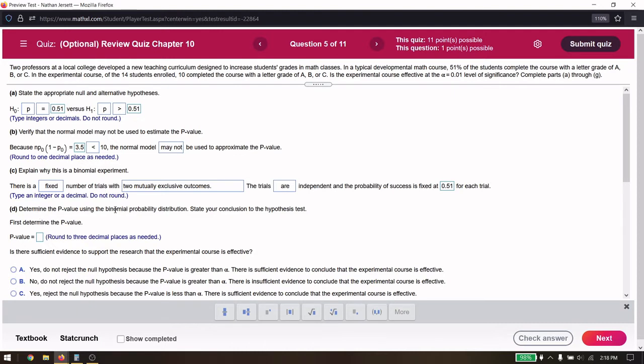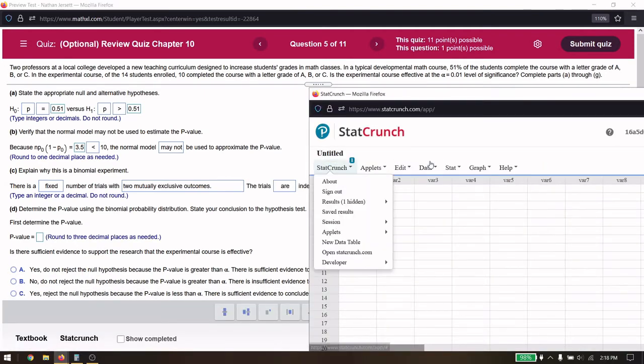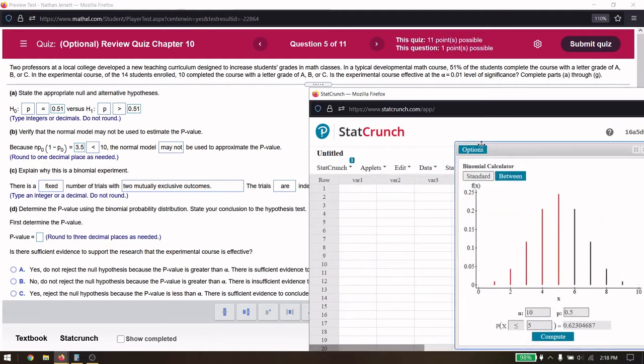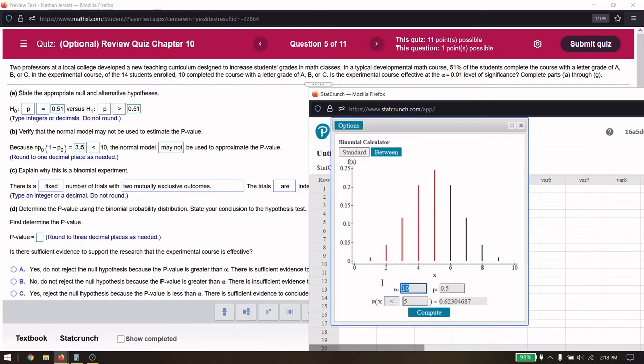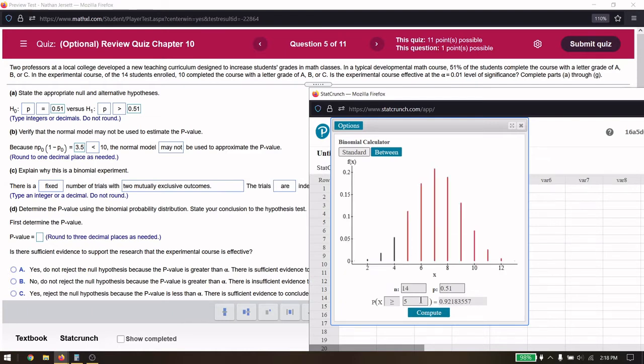Okay, p-value using the binomial probability distribution. So I think what we want to do is open StatCrunch and go to a binomial calculator. n is 14, and we have our population proportion of 0.51. Now, what we're trying to do here is find the probability for 10 completing the course.